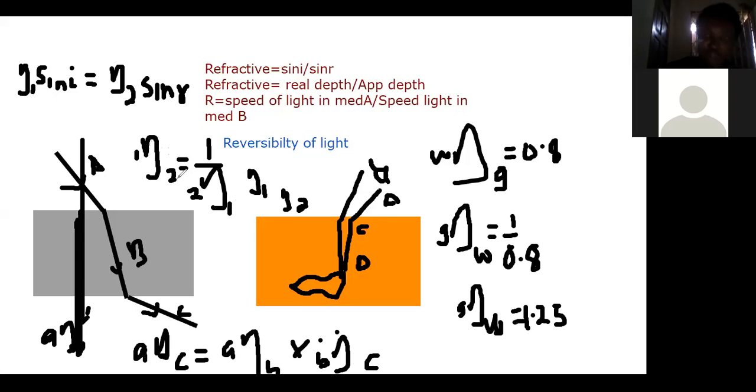In this case, this is medium 1 and this is medium 2. So the refractive index of light moving from this medium to this medium is 1 to 2, and it is equal to the light now moving from 2 to 1, which is the reversal of the first one.